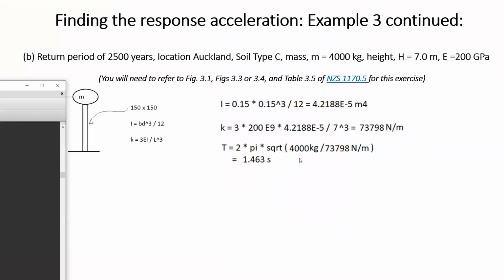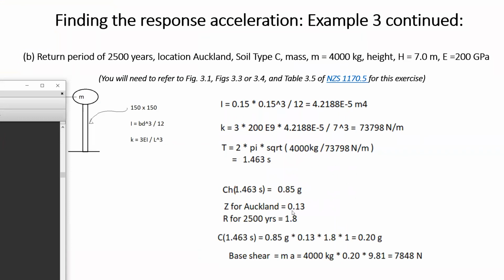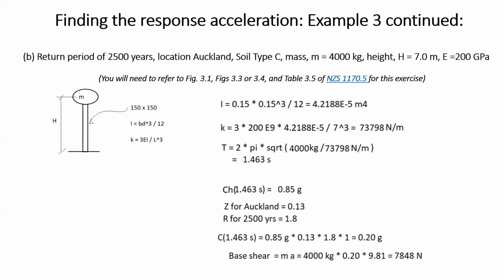So from these figures, we can get the maximum acceleration, the maximum response, or what we sometimes call the spectral acceleration, which automatically means maximum under this earthquake, which is 0.2 g. And what is our base shear? Well, it's simply mass times acceleration, which is 4,000 kg times 0.2 times 9.81, which is 7848 newtons. Any questions here?